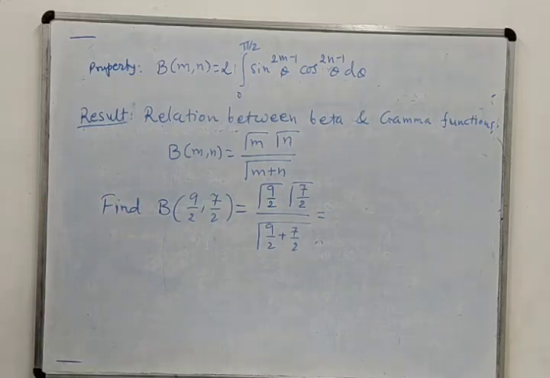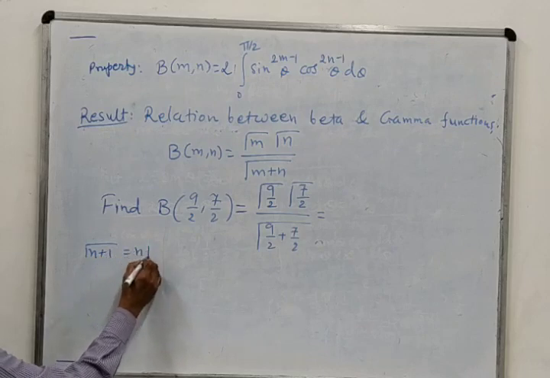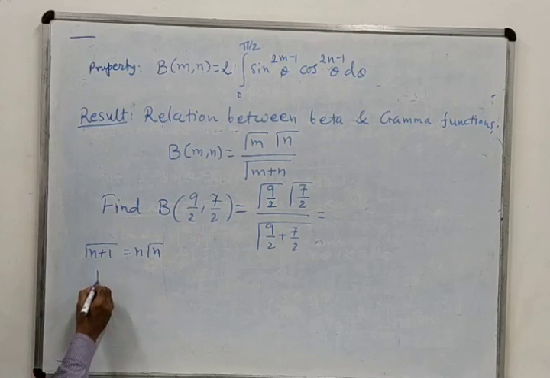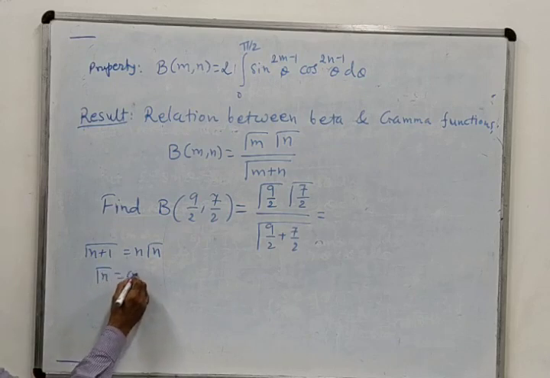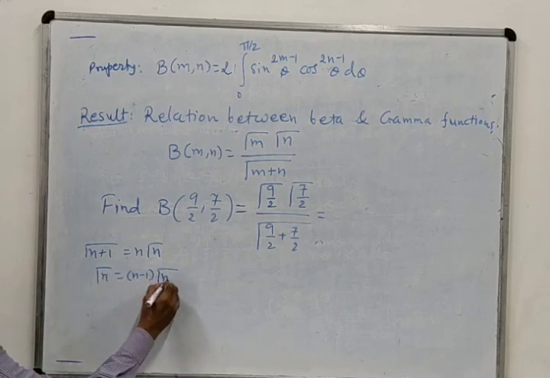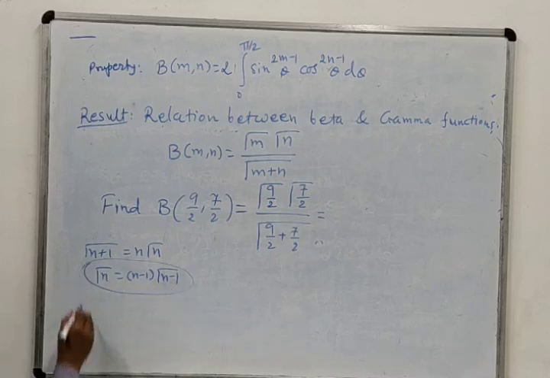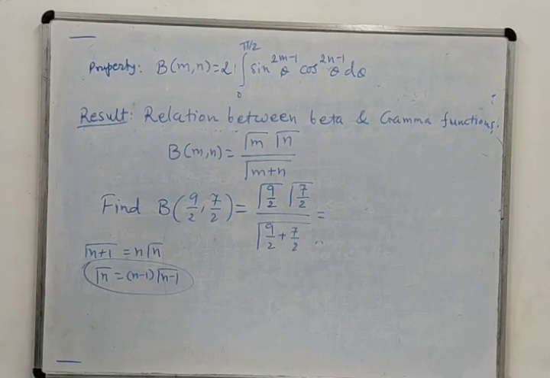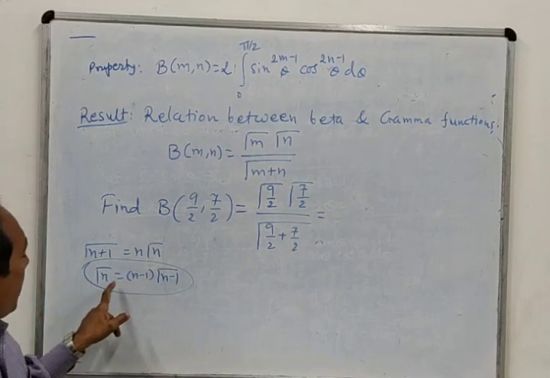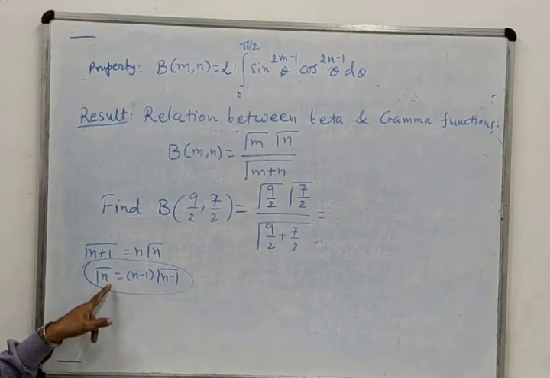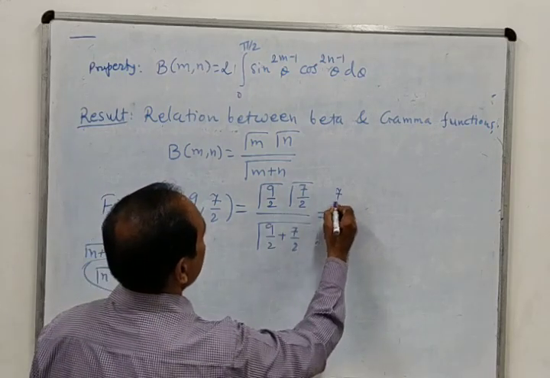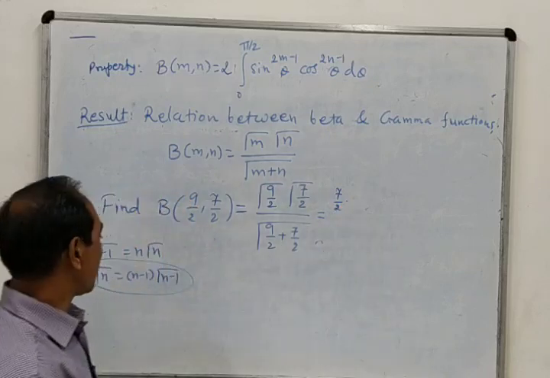Gamma 9 by 2. Last time I told you the recurrence relation of the gamma function, gamma n plus 1 equals n gamma n, or else we can also write this as gamma n equals n minus 1 into gamma n minus 1. We will make use of this recurrence relation to solve gamma 9 by 2. So n equals 9 by 2, so 9 by 2 minus 1 means 7 by 2, into gamma 7 by 2.